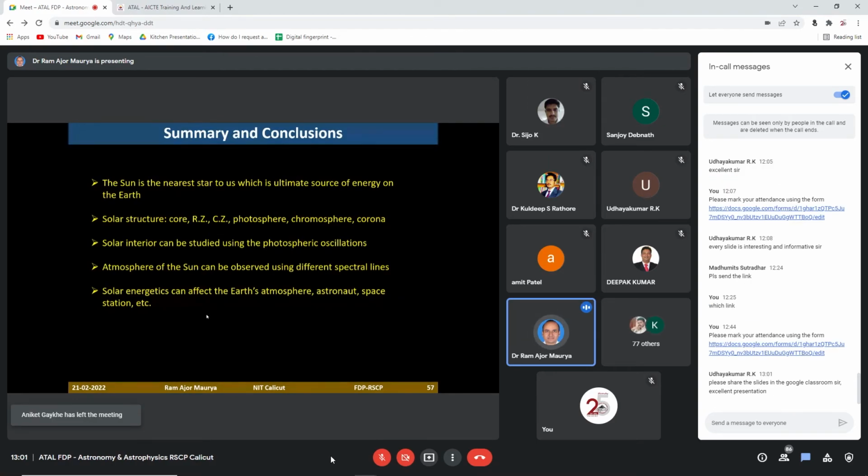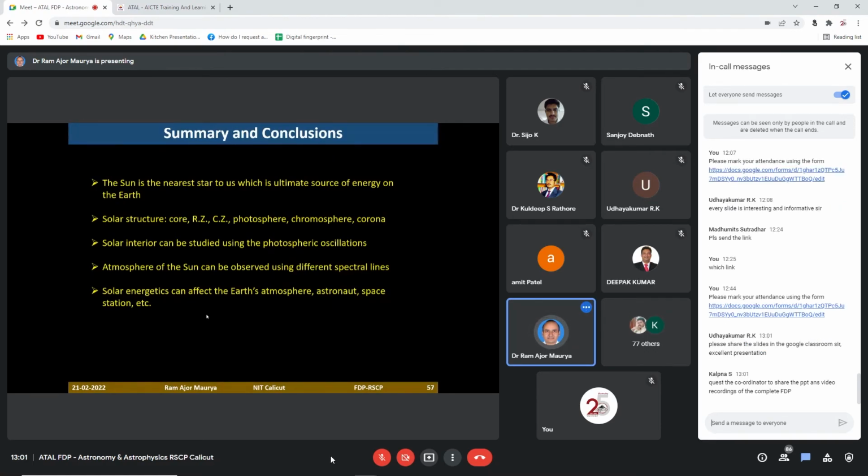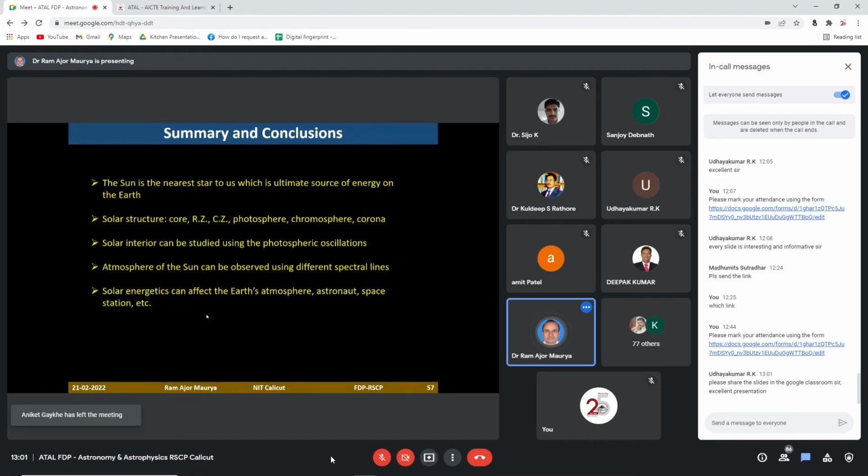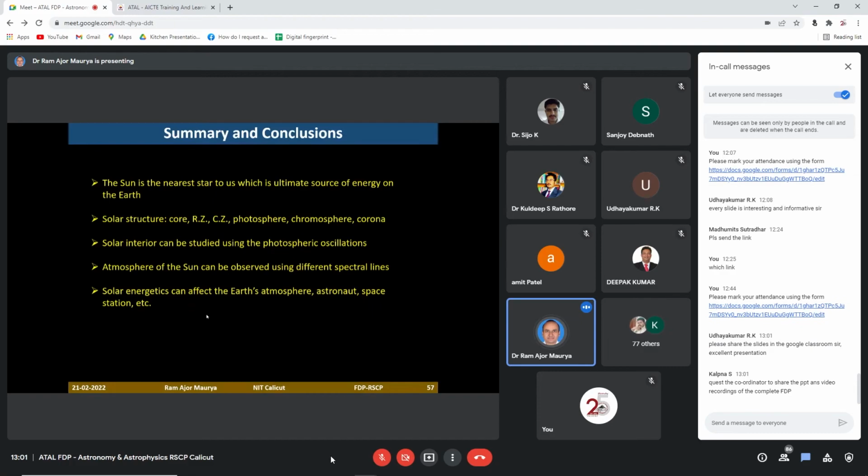The ejections can affect our Earth. In this animation, you can see a flare happening. Then from that there is an ejection of energetic particles, and when they arrive at the Earth, there is a reconfiguration of the Earth's magnetic field, and some of the plasma particles enter the polar regions in the north and south of the Earth.